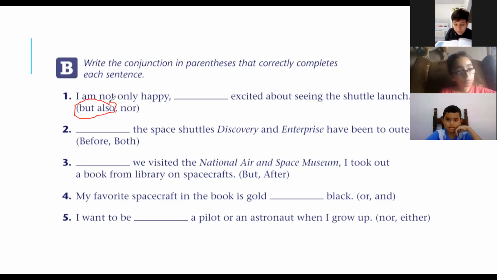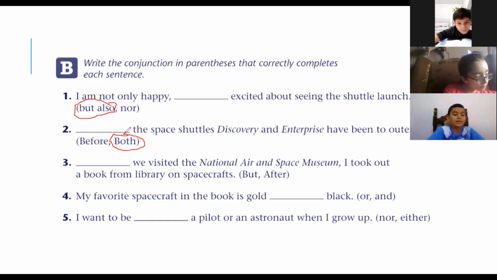For number 2, the space shuttles Discovery and Enterprise have both been out to outer space. So before or both? No, because we're talking about Discovery and Enterprise, so it has to be both. Number 3, we visited the National Air and Space Museum, after I took out a book from the library on spacecraft.